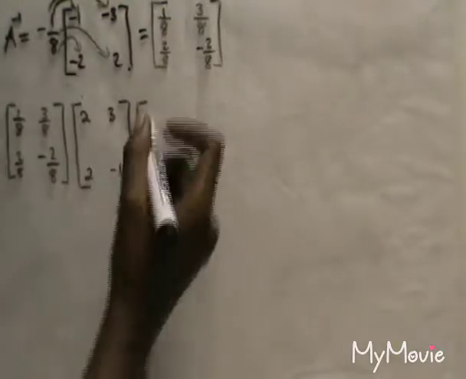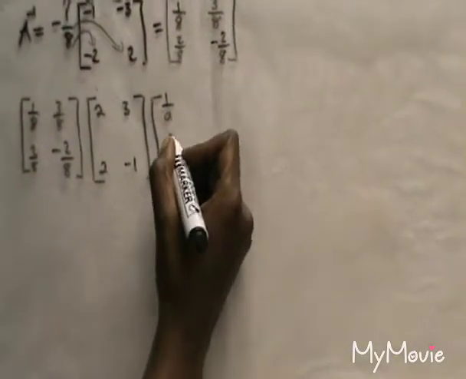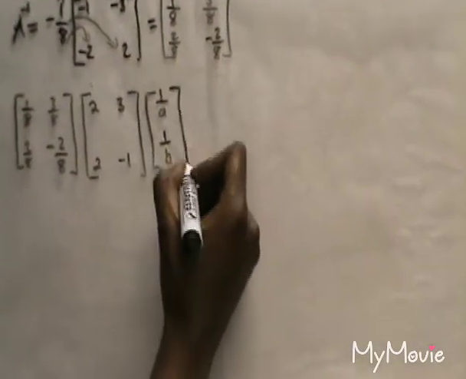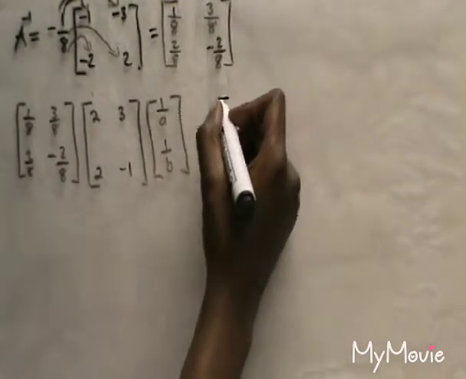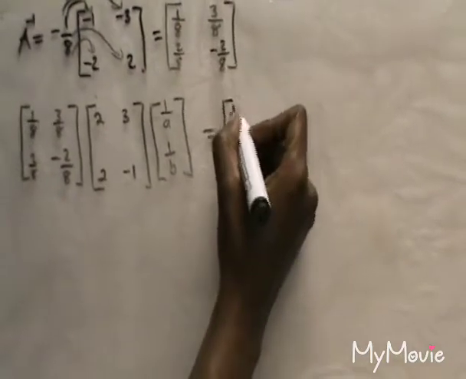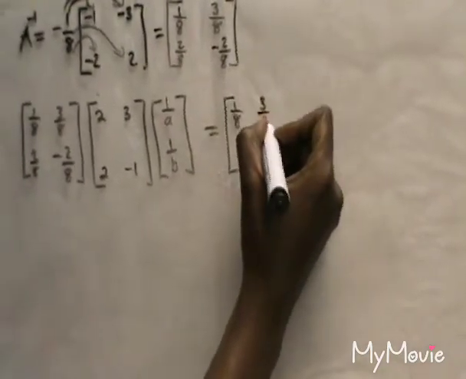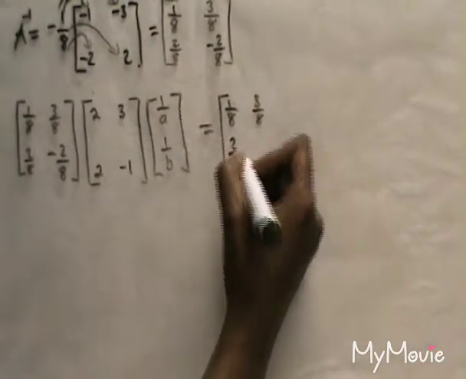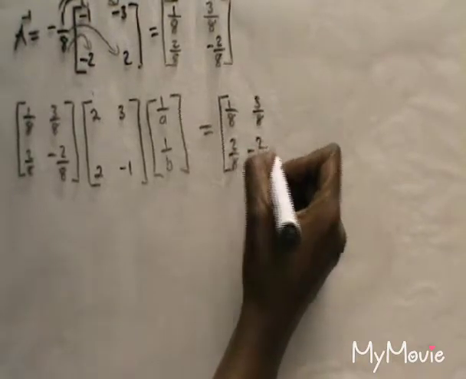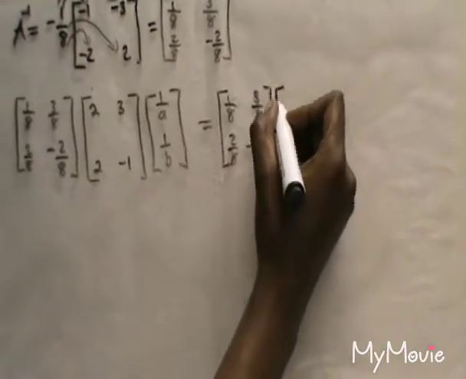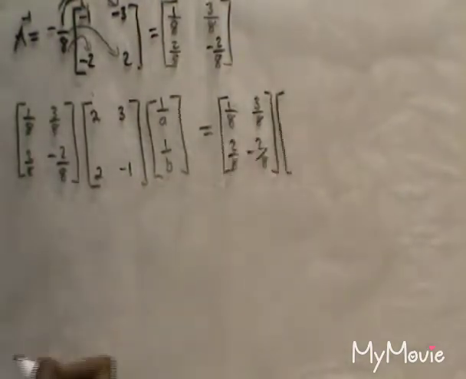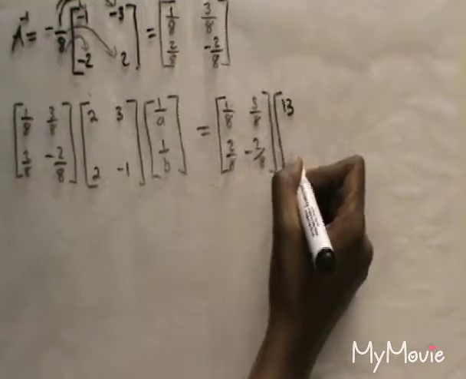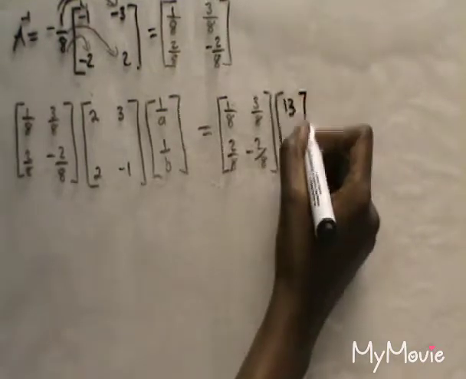My X matrix, which is just the matrix of variables, I have 1 over A and 1 over B. And then doing the same thing on the other side, I have A inverse, so it's 1 over 8, 3 over 8, 2 over 8, and negative 2 over 8. And then this is multiplied by the constant matrix, which is 13 and 1 over there.